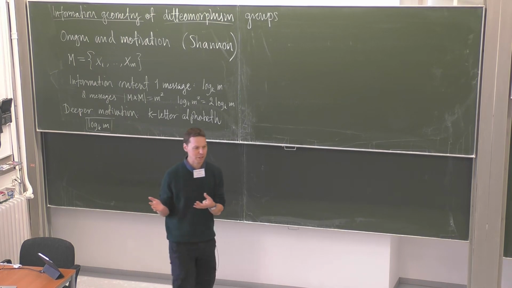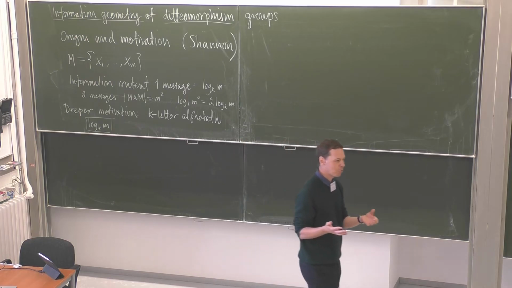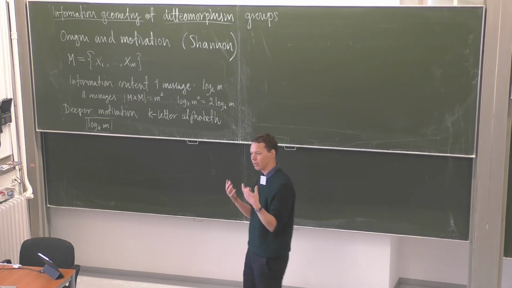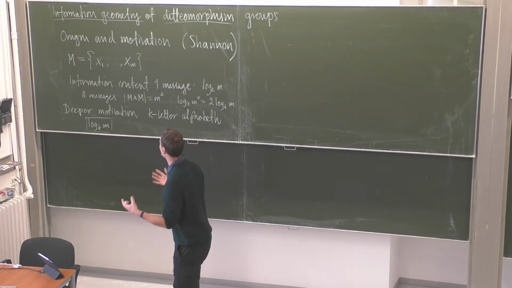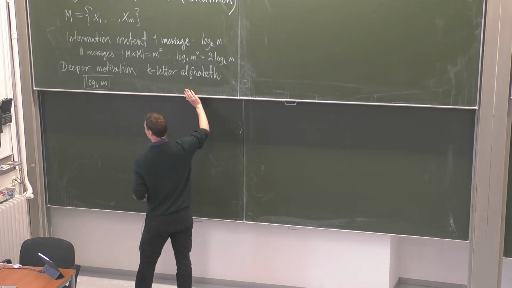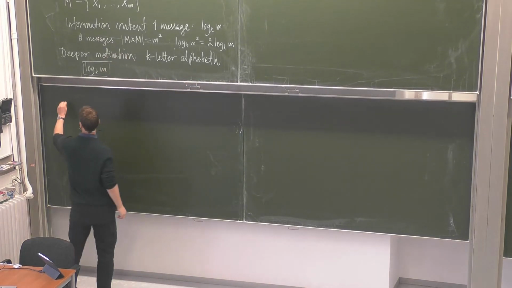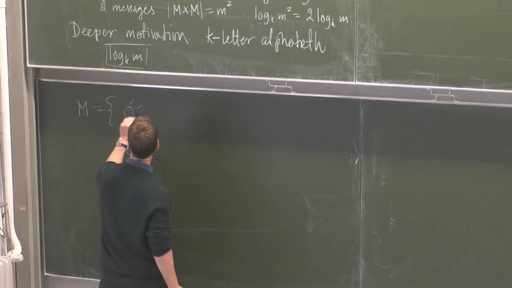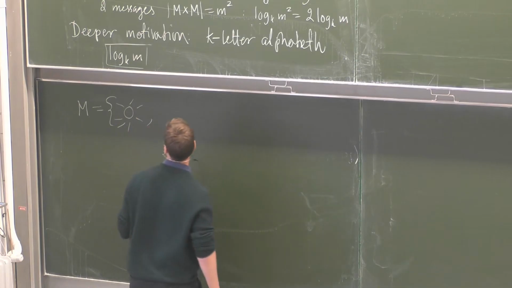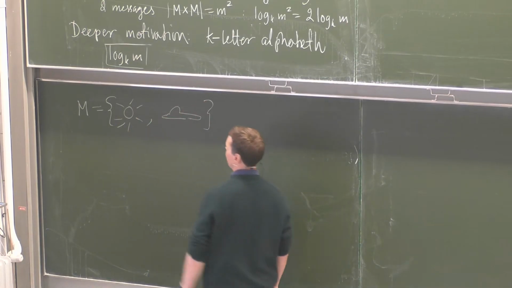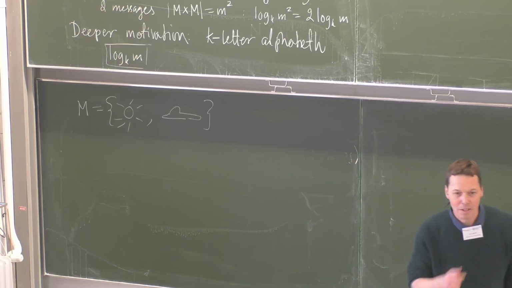And Shannon thought about it like this. Being more surprised means you have gained more information. The set has just two elements. So what is the set? The set M is the set of sunny and cloudy, two elements.